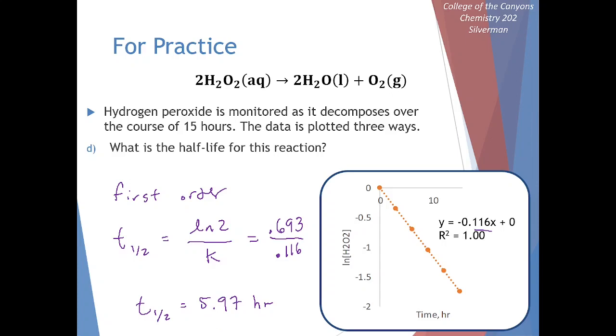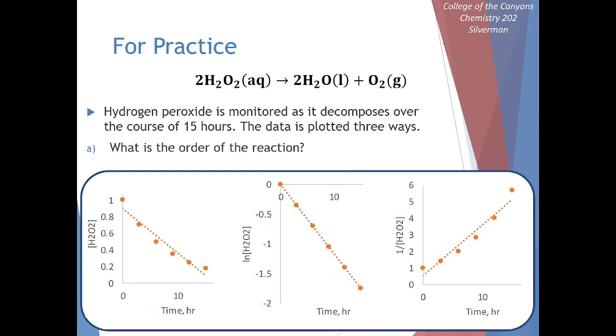In fact, we can zip back to the beginning of this practice problem and visualize this. Here's the concentration over time. In about 6 hours, we'll drop down to 0.5 molar. We're starting here at 1 molar. How long does it take to get to half of that? This is about 6 hours.